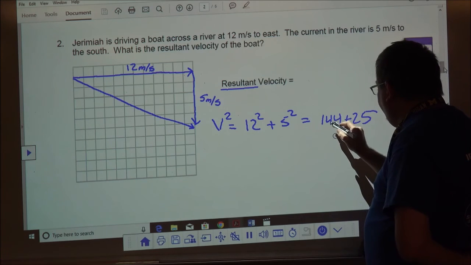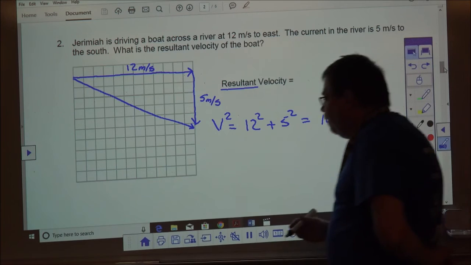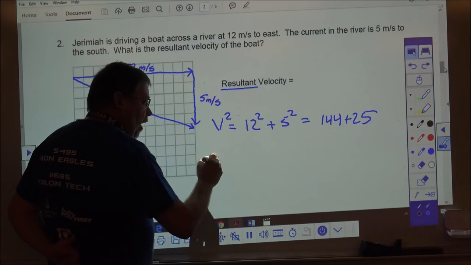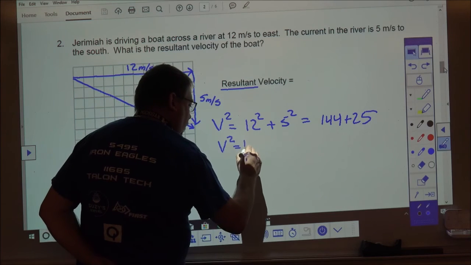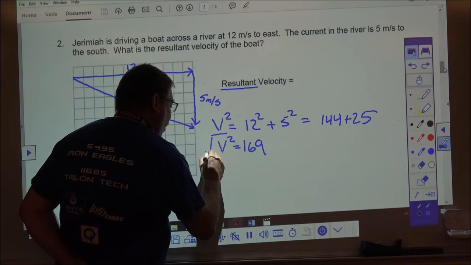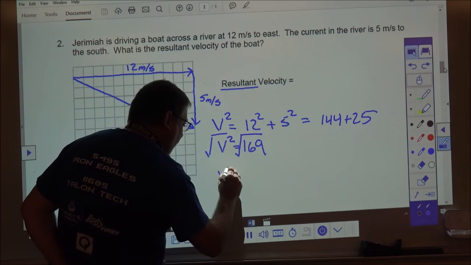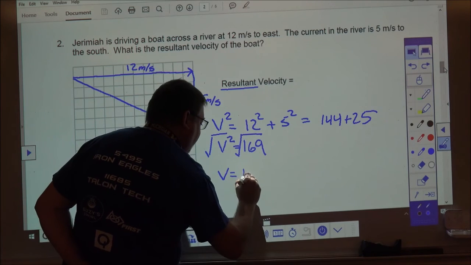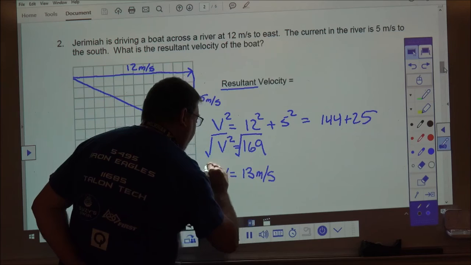So 144 plus 25 is 169. So v squared equals 169. All right, we take the square root of both sides. And so then velocity is going to be 13 meters per second.